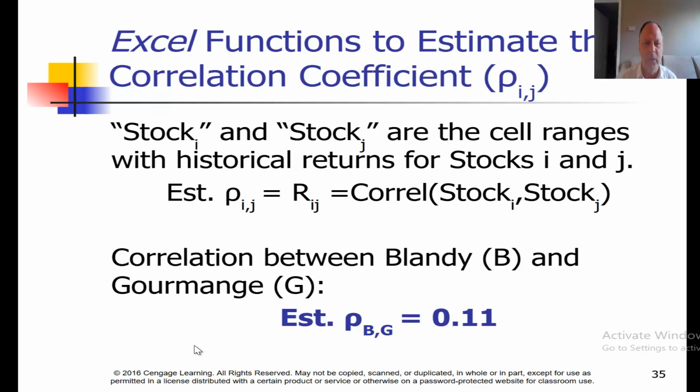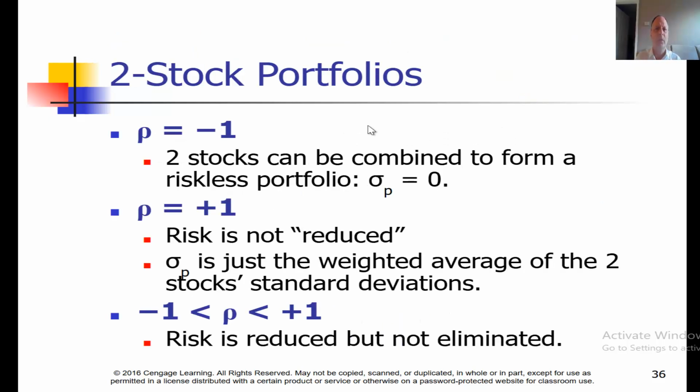The ideal would be negative correlation, but that does not occur very often. Let's consider a two-stock portfolio. The ideal circumstance for an investor would be to have a rho, or correlation coefficient, of -1. You can then combine the two stocks and form a riskless portfolio while still having a rate of return.